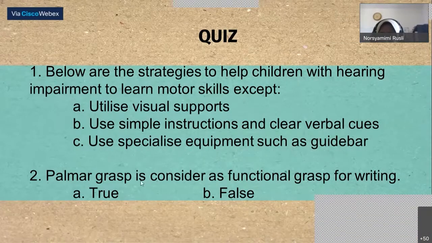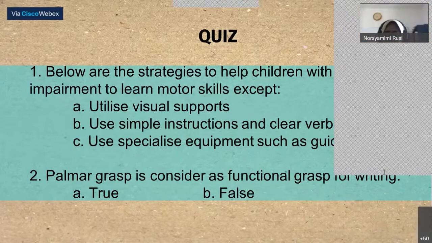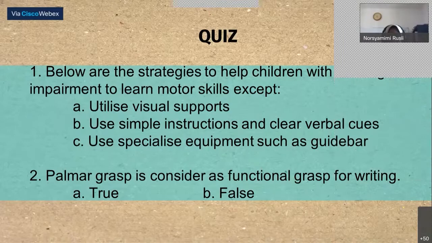Palmar grasp is considered a functional grasp for writing. Is it true? Okay, I just got the message here. A lot of you say the answer is B for number 1. I think it's a bit tricky here because it says except. So the answer is actually C, use specialized equipment such as a guide bar.